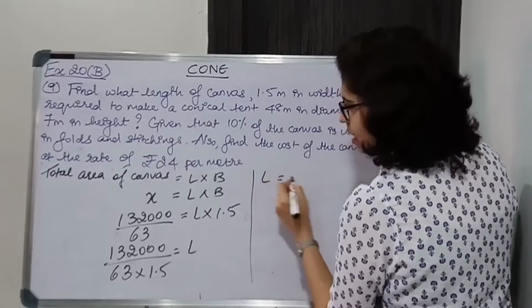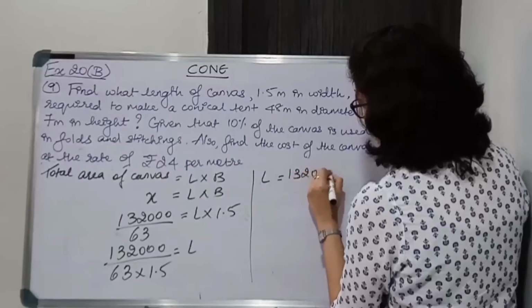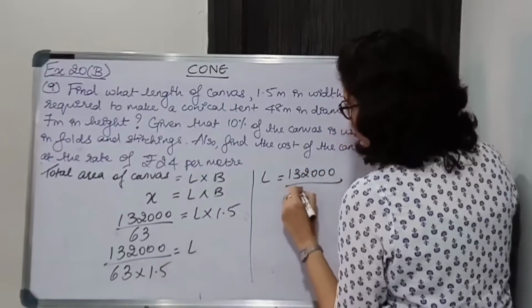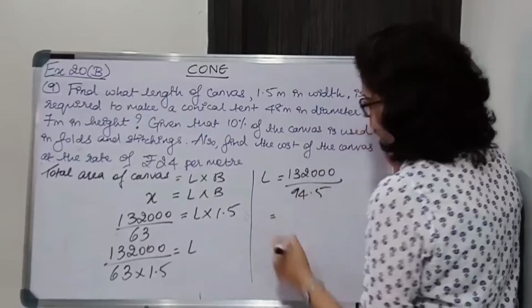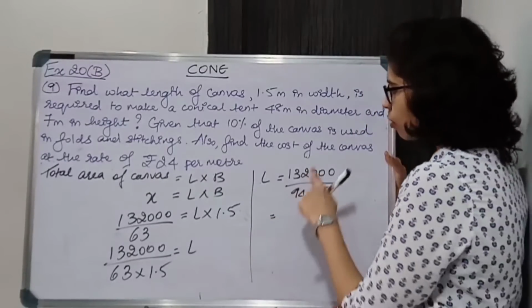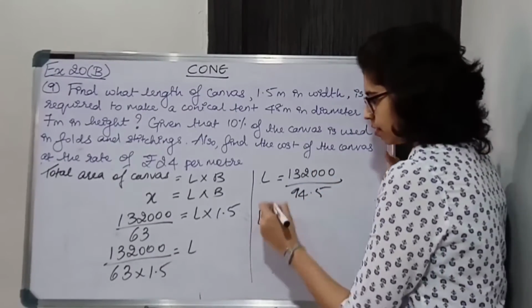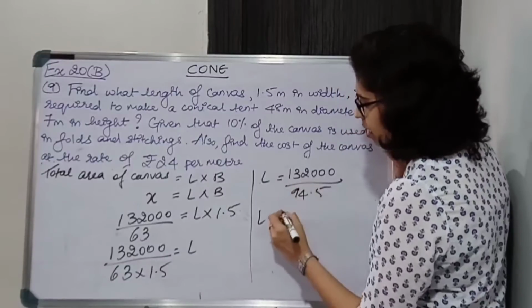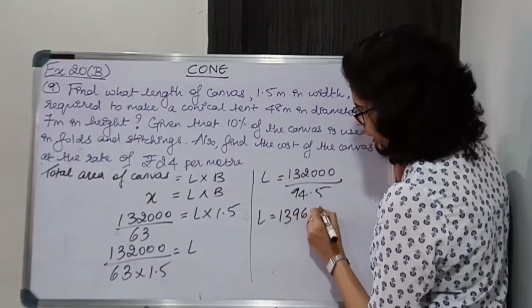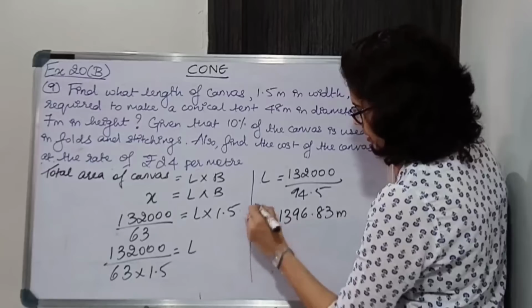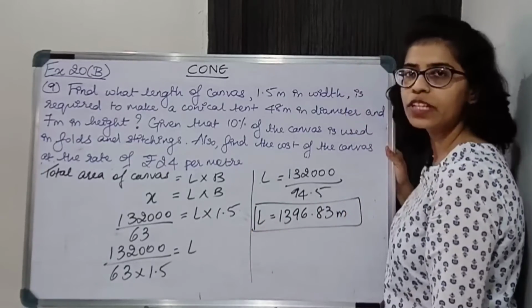So L is equal to 132,000 over, when you multiply this, you will get 94.5. Okay. So now we'll divide this. Now this gives 1396.83 meters. So we found the length of the canvas.